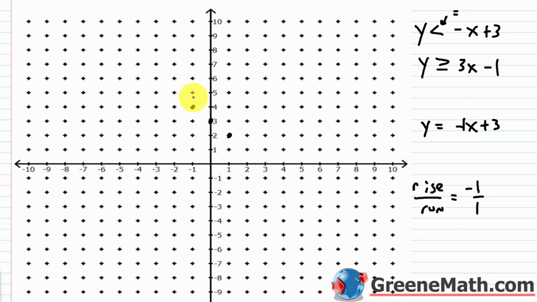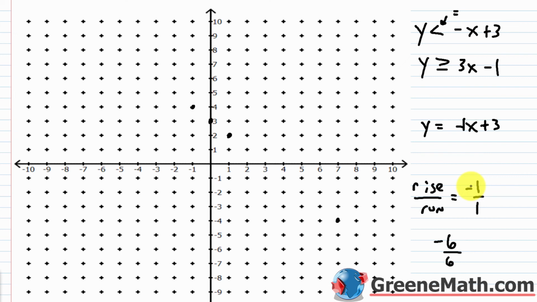Again, if I have enough points to draw a straight line, then I'm good to go. In this case, you have a negative 1, so I could say negative 6 over 6 if I wanted to. So I could fall 6, 1, 2, 3, 4, 5, 6. Go to the right, 1, 2, 3, 4, 5, 6. That's the point on that line, because negative 6 over 6 is negative 1. I could also rise 6 and go to the left 6 if I wanted to.